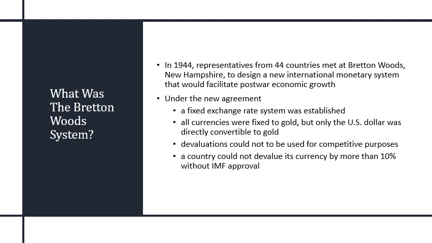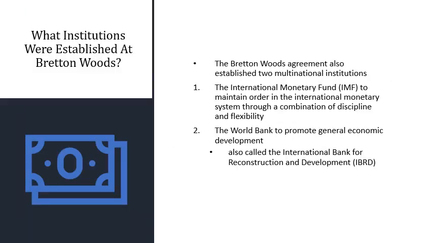The task of the IMF was to maintain order in the international monetary system, and the World Bank would promote general economic development throughout the world. It is of immense importance to understand that these two institutions established as a result of Bretton Woods, the IMF and the World Bank, were given different tasks.